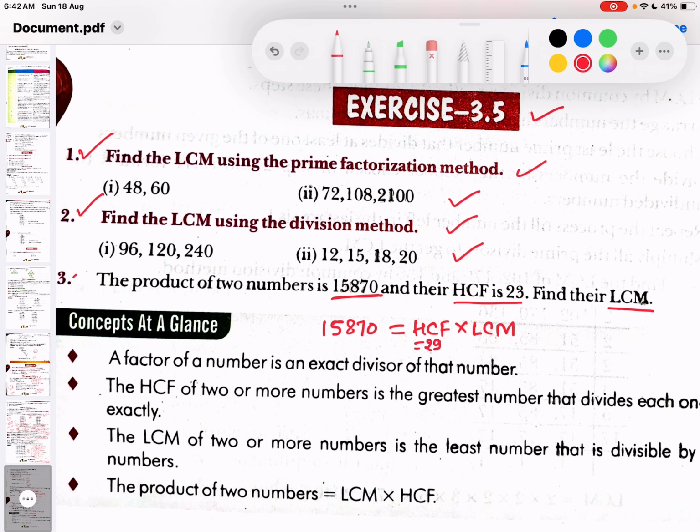HCF क्या है 23 दिया हुआ है. ठीक है, तो आप क्या करोगे, इक्वेशन एक बन जाएगी आपकी. The equation you will get is 15870 equals HCF 23 into LCM, and from here you can obtain the value of the LCM. So I have helped you from here, but the answer you have to find and note down in your fair copy. Okay, thank you.